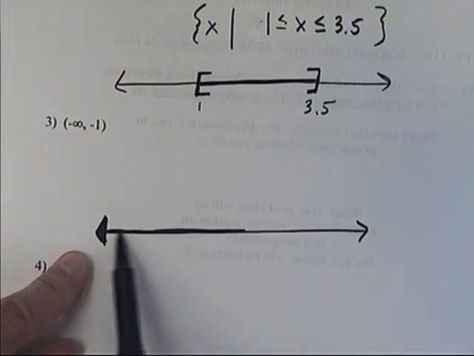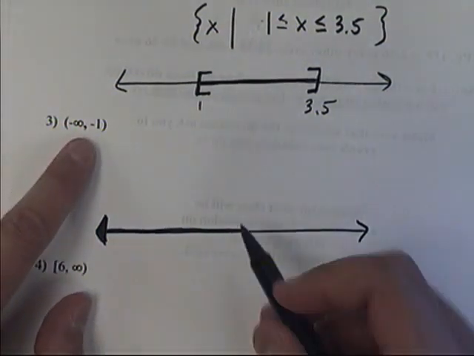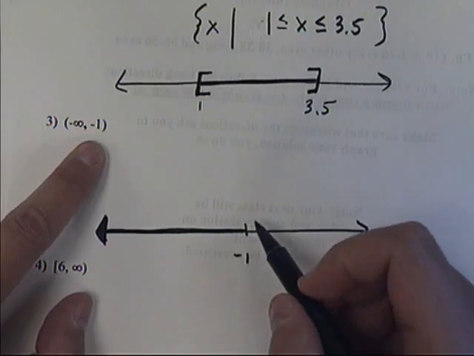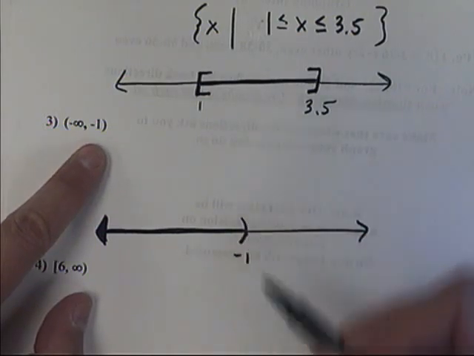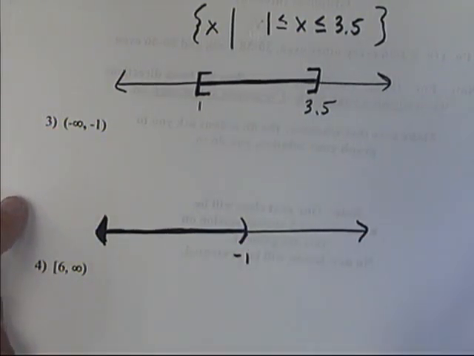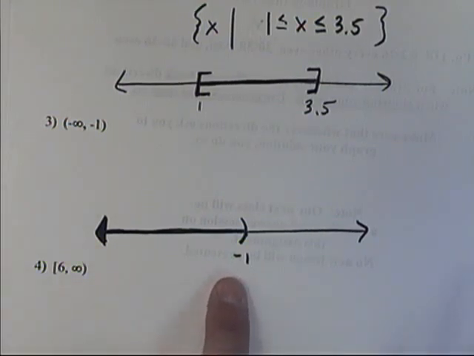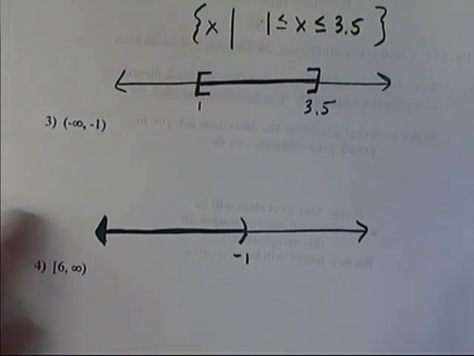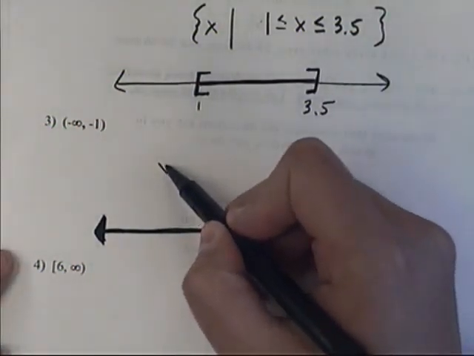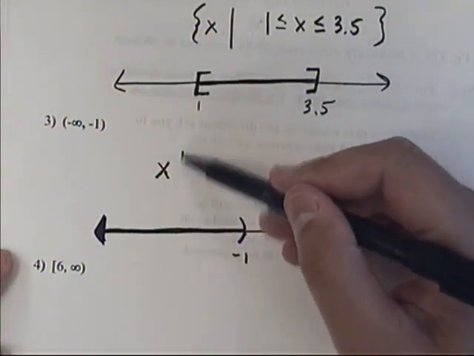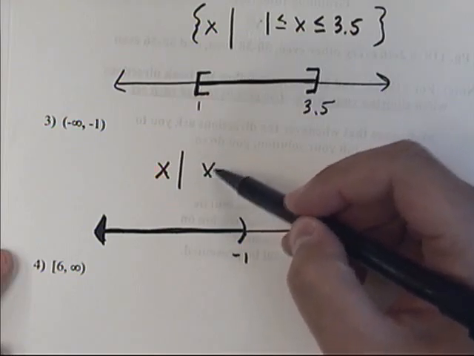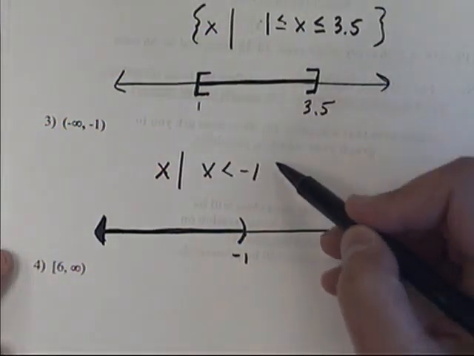And then all the numbers up until negative 1. Negative 1 is not included, so that'd be parenthesis. Now, basically we're talking about all the numbers that are less than negative 1. So set builder notation would simply say x such that you have all x's less than negative 1.